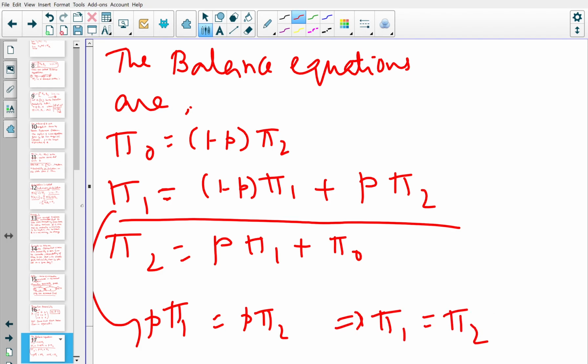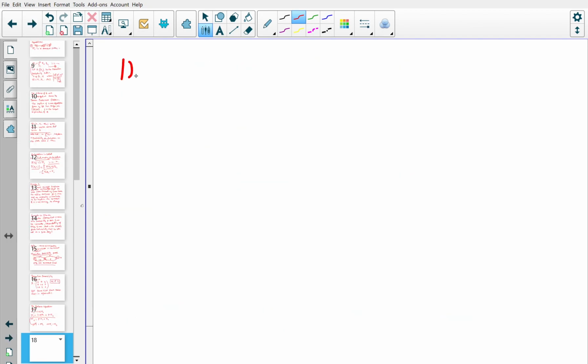Pi 1 and pi 2 are both the same, right? Now if we replace those things, then what happens to pi 0? Pi 0 will be equal to 1 minus p times pi 2, and pi 1 equals pi 2.